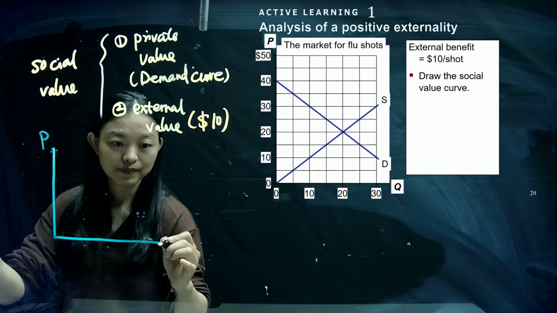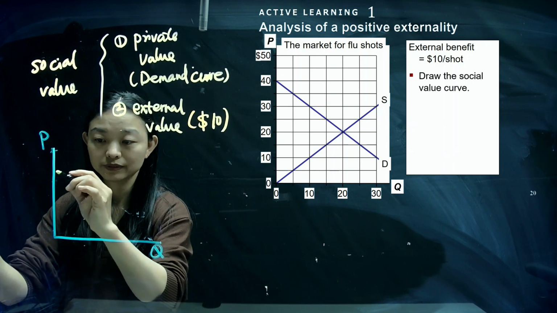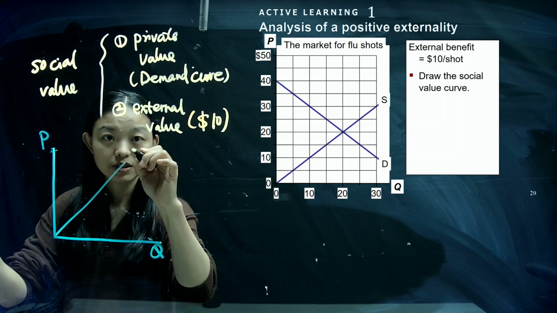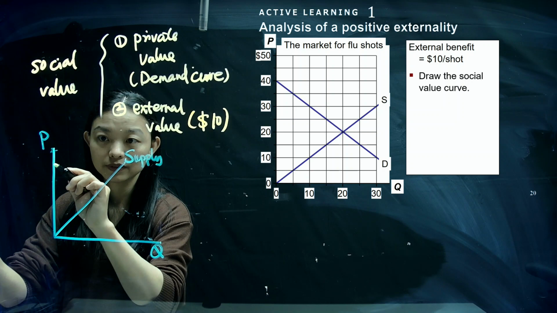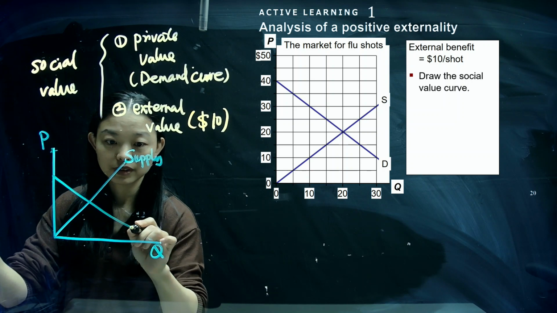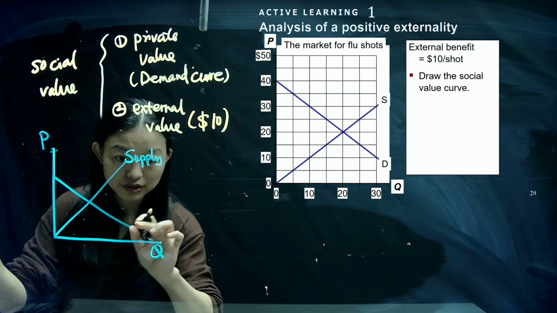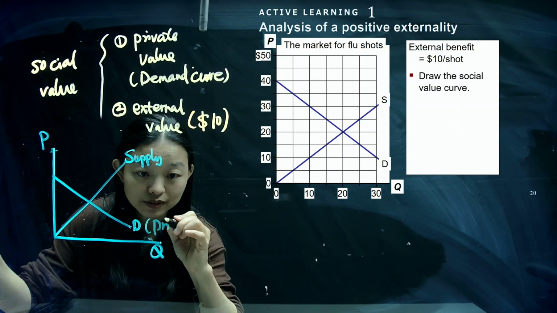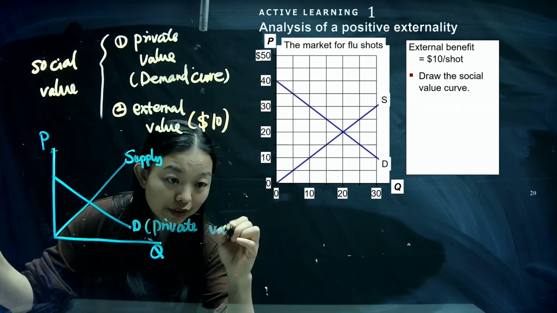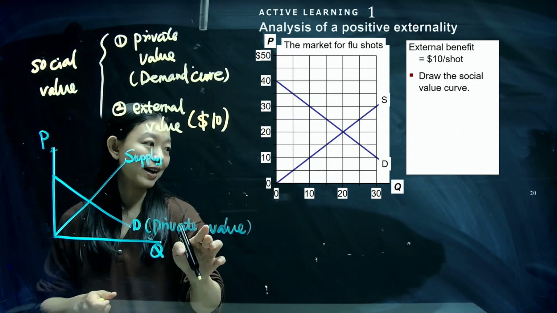This is the price. This is the quantity. This is our supply curve, and this is our demand curve. So this demand curve here measures the private value to buyers.